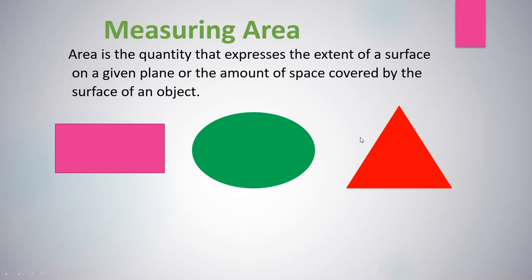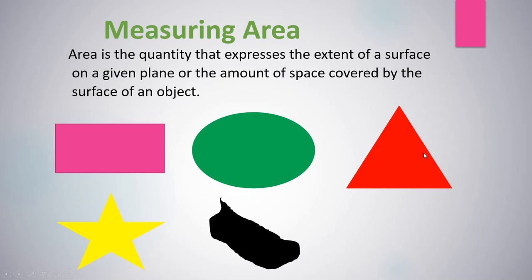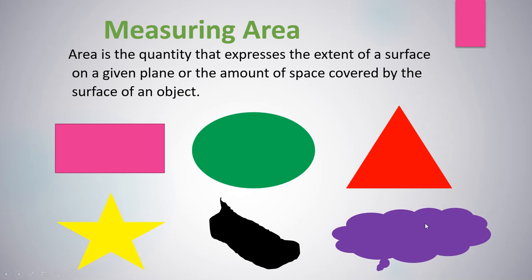There are many shapes, like this triangle here, and this star, which is also covering a certain space. These are regular shapes, uniform, with a defined shape, but there are those whose shapes are not defined, like this one and this one.